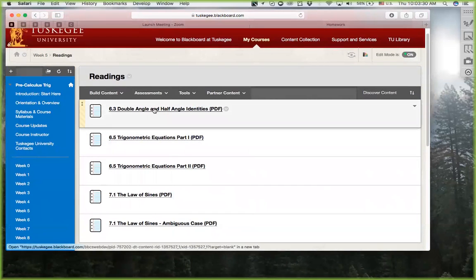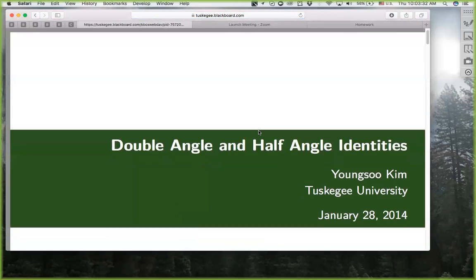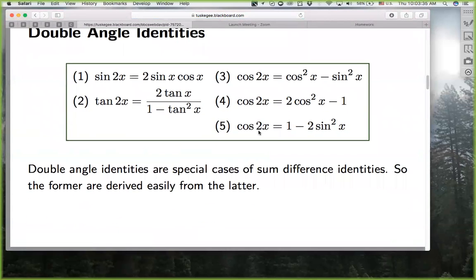The first section is the double angle and half angle formulas. So again, there are a lot of formulas in this section, but you don't have to memorize them all. You can just look them up, use them whenever they are necessary.